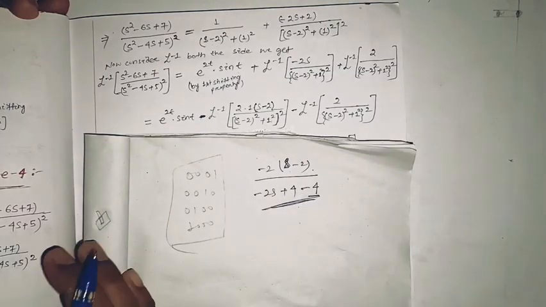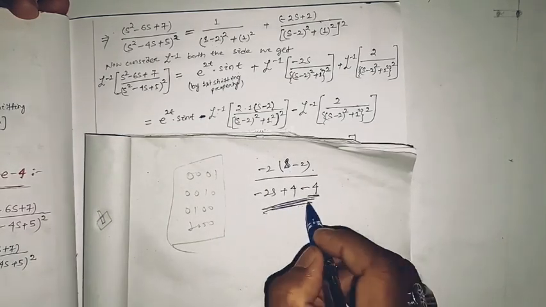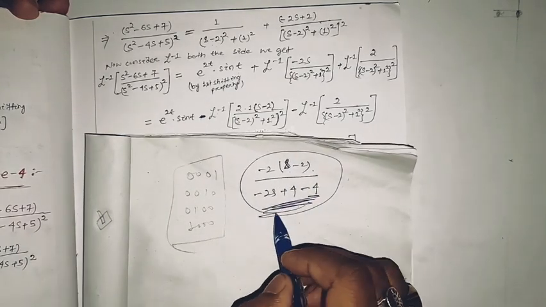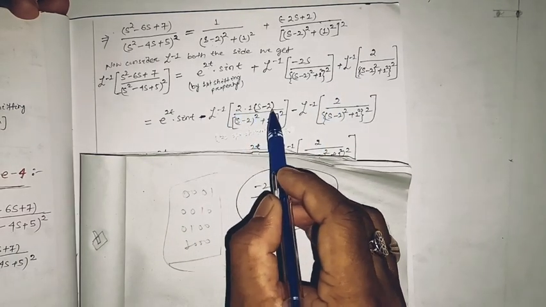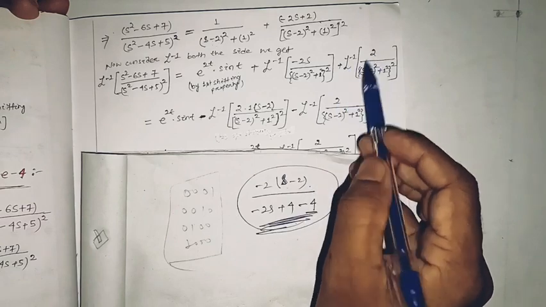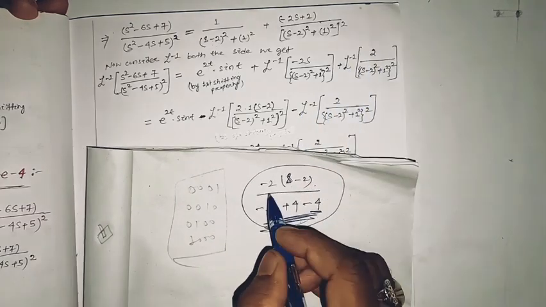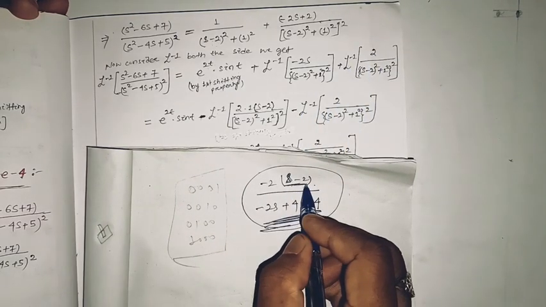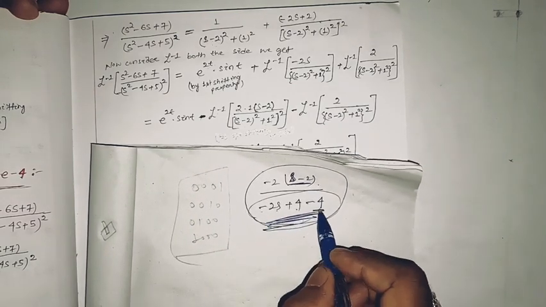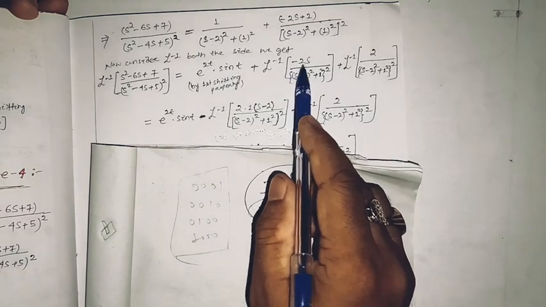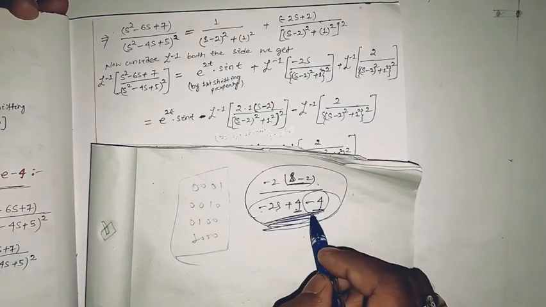You have to go back in the video and carefully watch how it is 2 into 1 into (s minus 2), and this is plus 2, it will be minus 2. Because if I modify s minus 2, then the term will be minus 2s plus 4, but we need only minus 2s, so I have to consider minus 4, right?